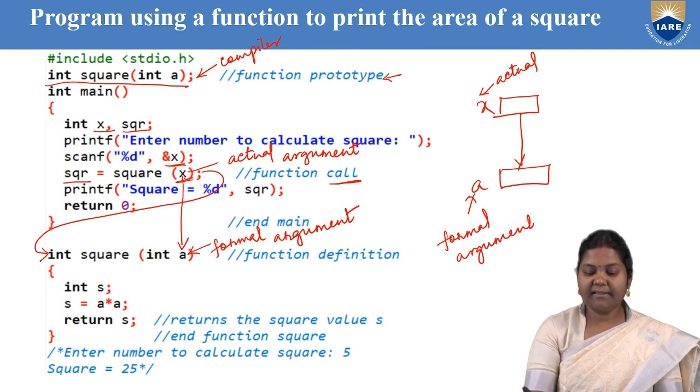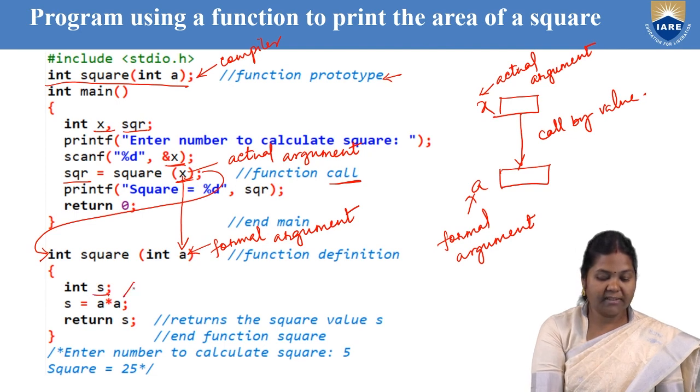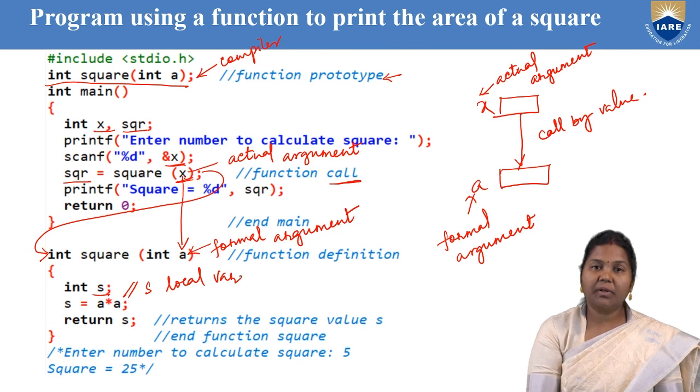Here x and a are two independent variables, and we are using the technique call by value or pass by value. So the value of x is passed into a. Now we have declared one local variable s to compute the square of the number.